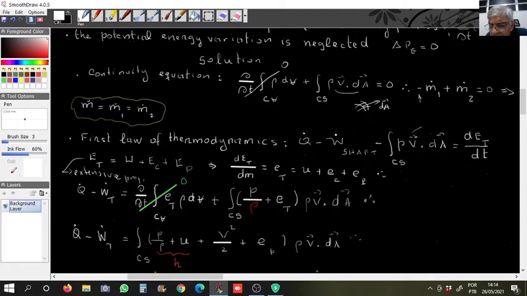You can see V, for instance, is meter per second times the area, and this will be the unit, meter cubed divided by second. So P V dot, do you remember? P times volume is a force times length, because P is force, Newton, divided by area.